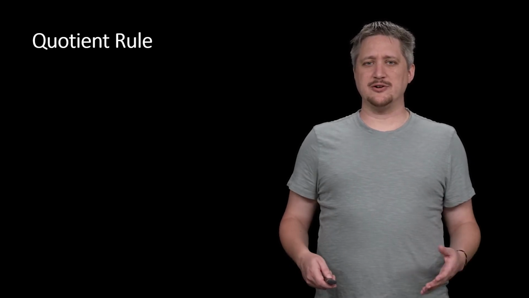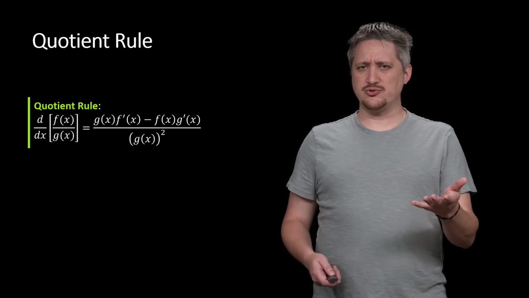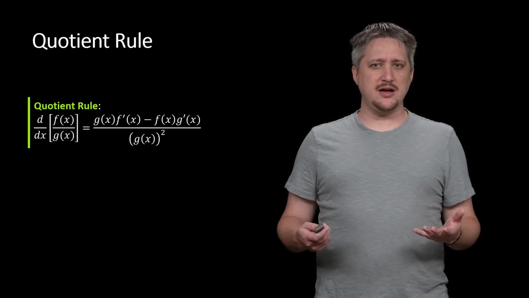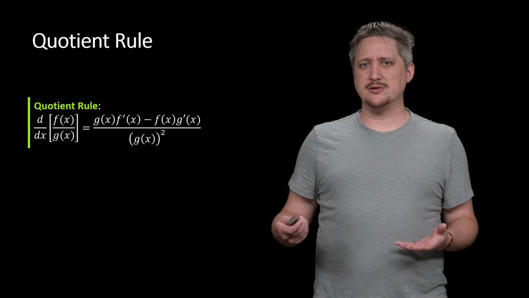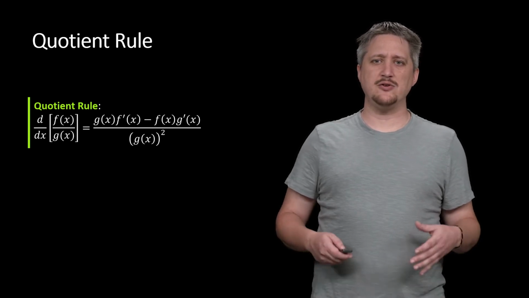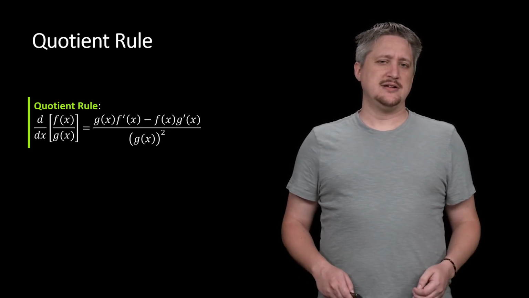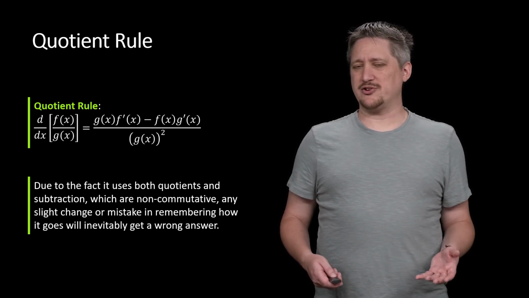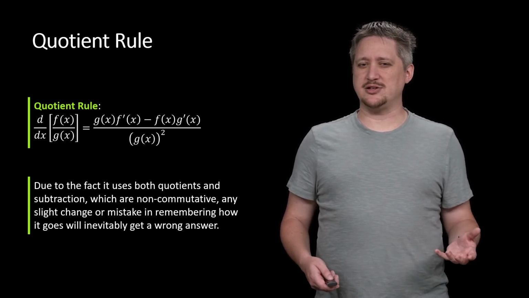In particular, the quotient rule, which we've already done, is relatively nice. It's a little long, but it's not terrible. It's not crazy complicated, but it uses quotients and subtraction, and both of those things are not commutative.